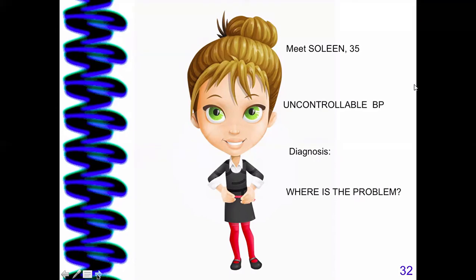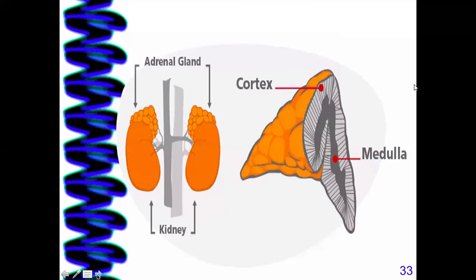Okay. Now, let us meet Sulin. Sulin is a 35 years old. Meron siyang uncontrollable blood pressure. So whatever will be given, no, na anti-hypertensive, hindi pa rin nakokontrol ang kanyang blood pressure. So what is the diagnosis of Sulin and where is the problem? Okay, let's go to the adrenal gland.